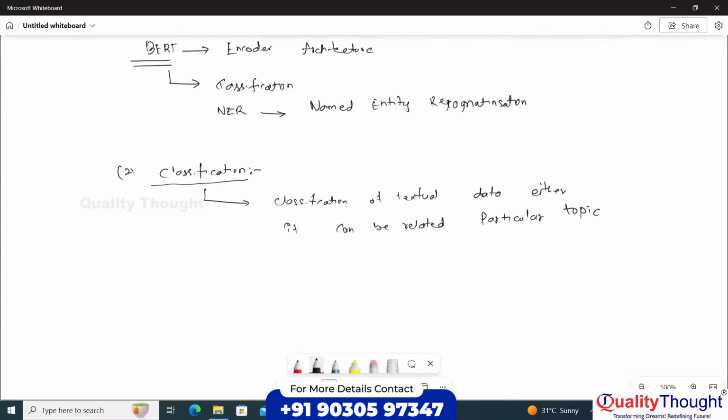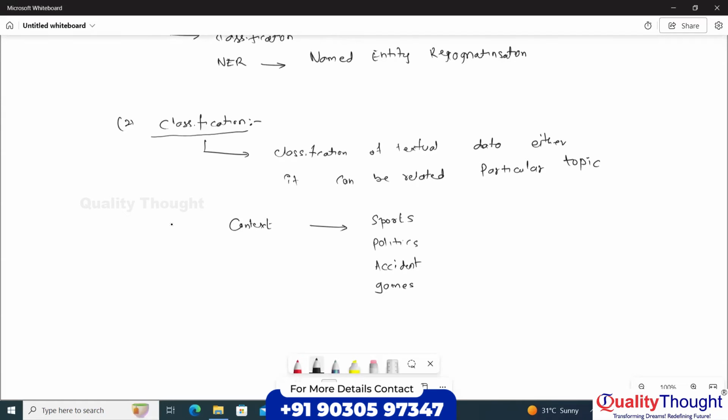The given context can be sports, politics, accident, games, anything. This is called classification of the text.